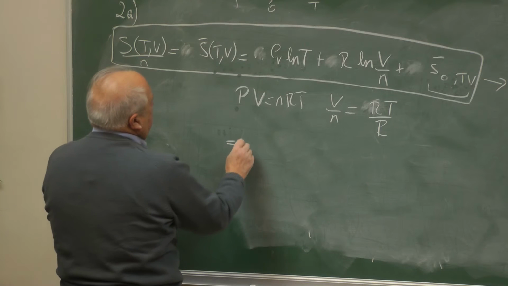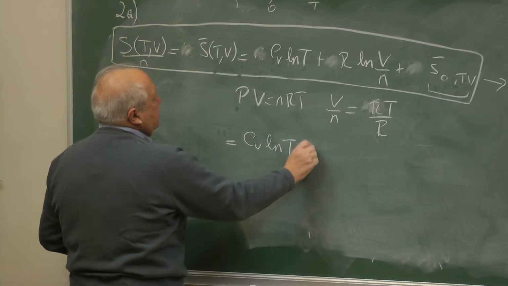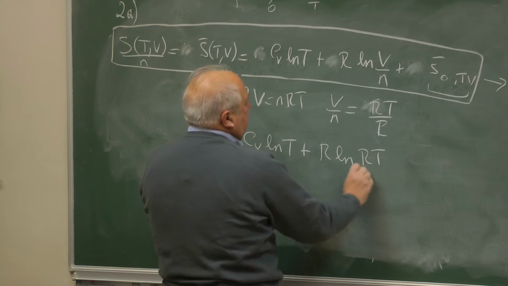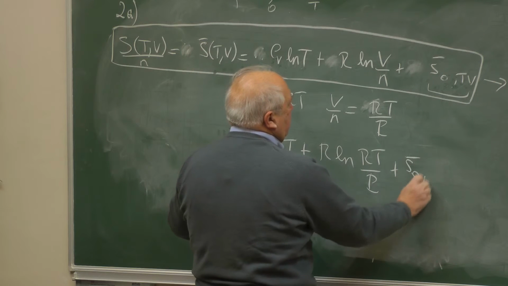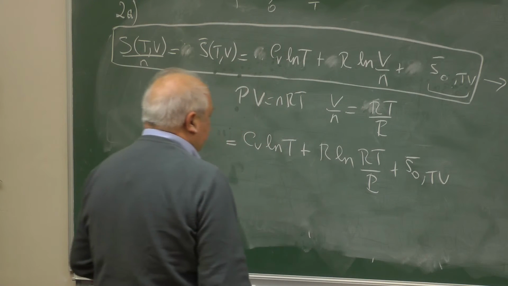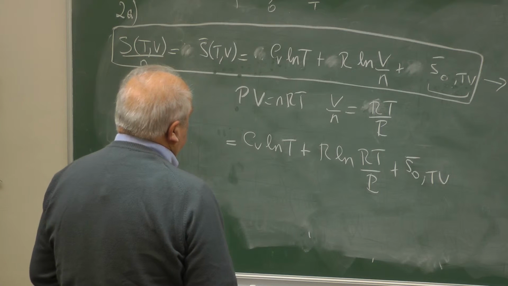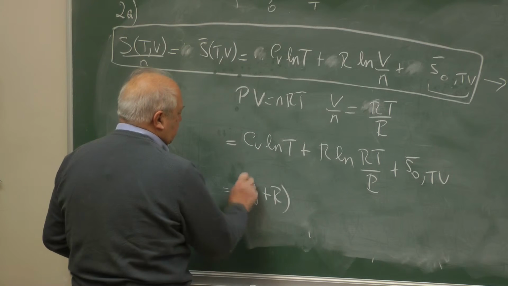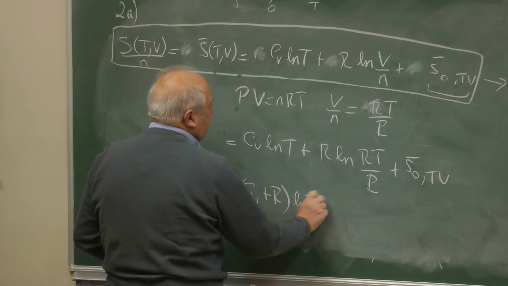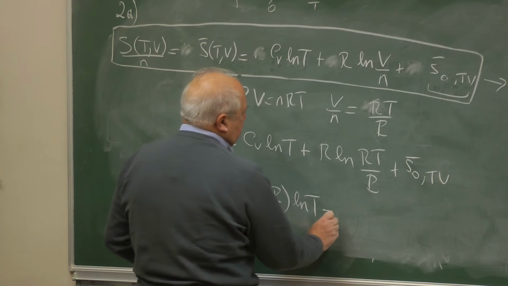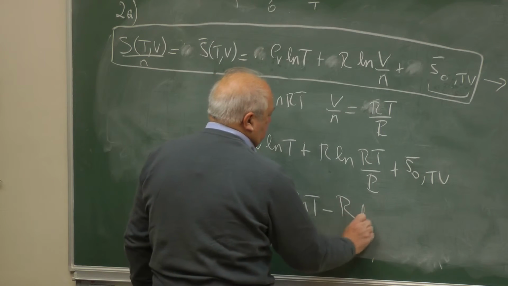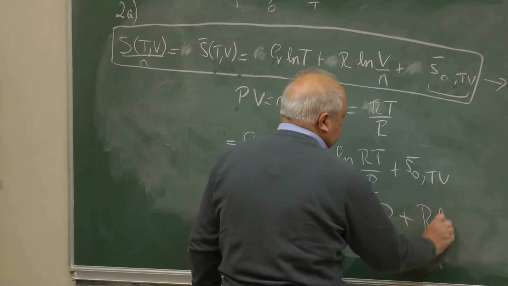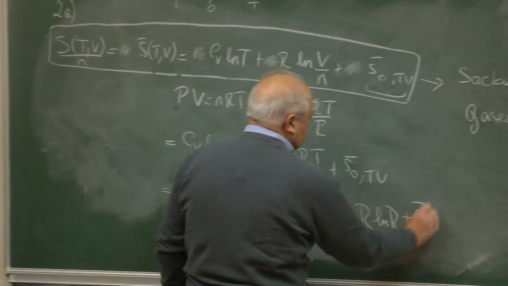So S will be equal to Cv log T plus R log of RT over P plus S0 TV. And we open up the log. This is Cv plus R log T minus R log P plus R log R plus S0 TV.